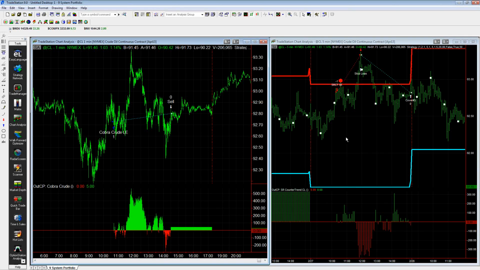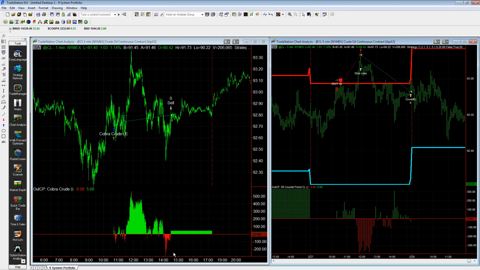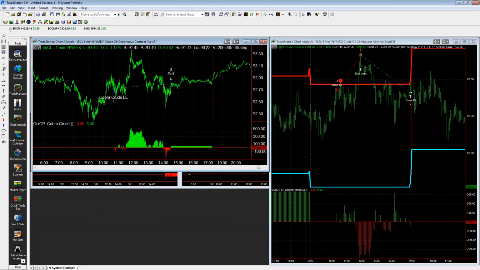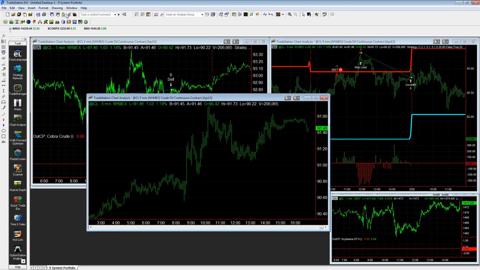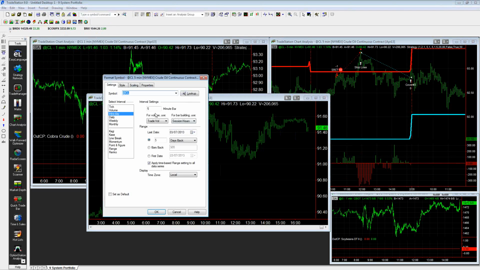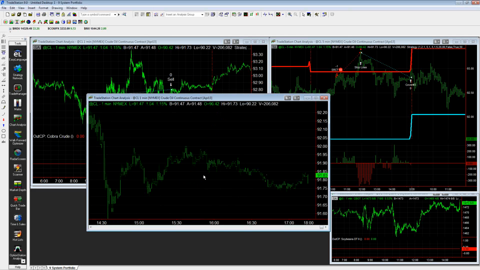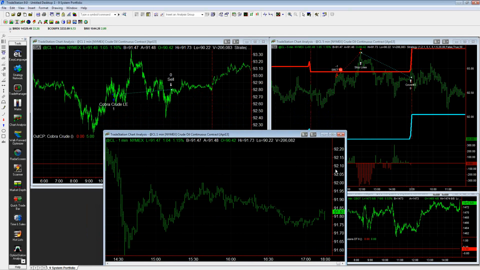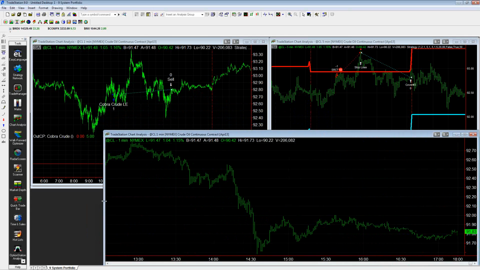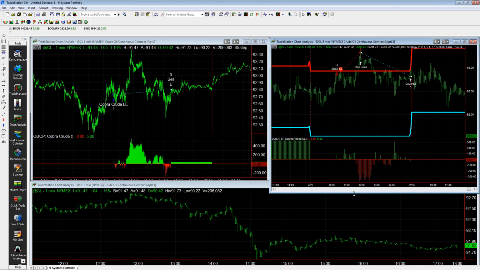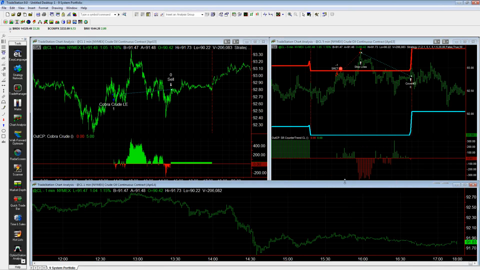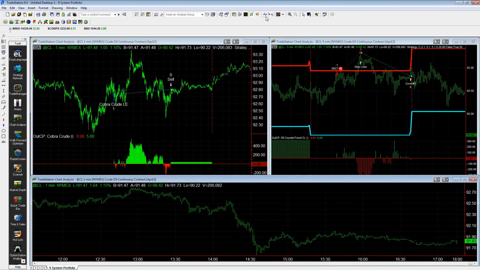So I'm going to pull up a crude oil chart here to represent these signals, so you can get an idea of what happens on a very simple basis, trading one contract to two different systems going in different directions.